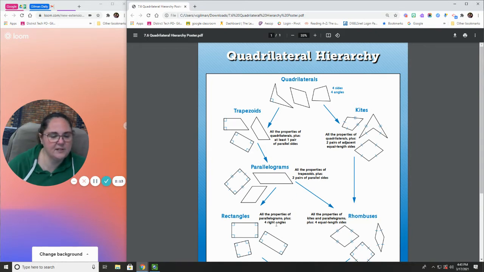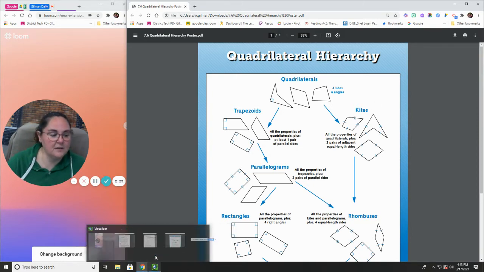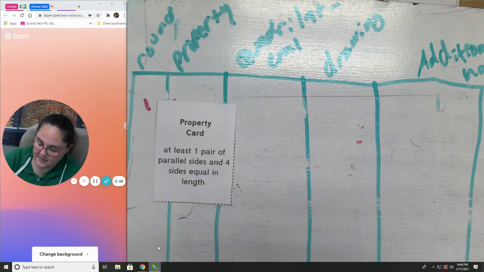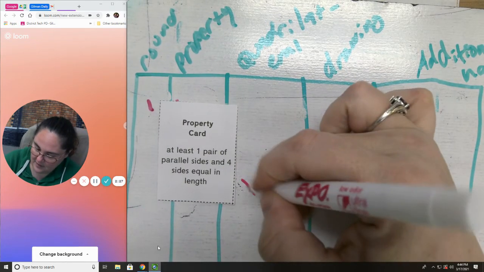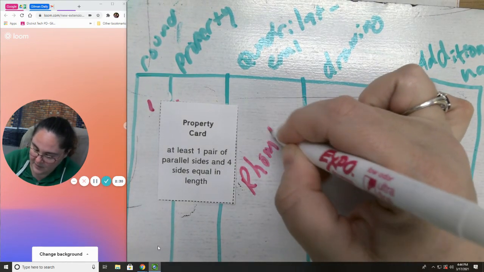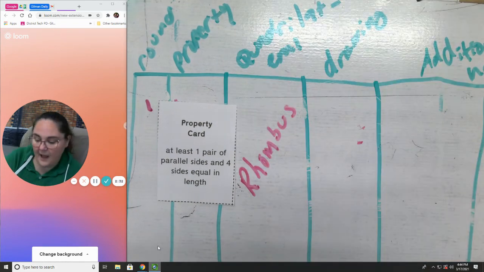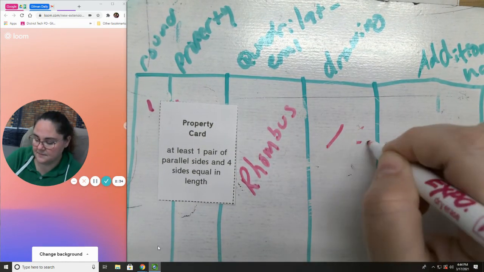No, it doesn't necessarily have to have right angles, but it does have to have sides that are equal in length. So this would be a rhombus. That's what I'm going to write on my chart: rhombus, R-H-O-M-B-U-S. And then I'm going to draw my rhombus.